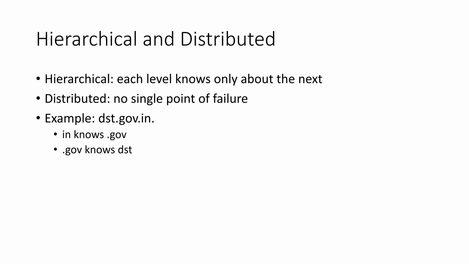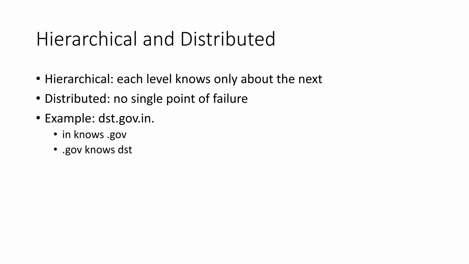So the DNS works like a tree. It's hierarchical and distributed. Each name server is only responsible for its own level and delegates lower levels to others. For example, consider the domain dst.gov.in. It's the website of Ministry of Science and Technology. .in is the country code TLD for India.